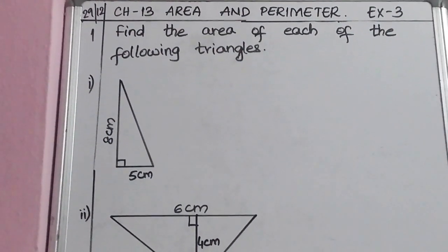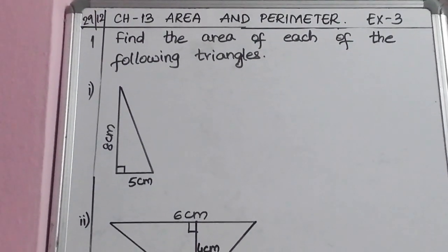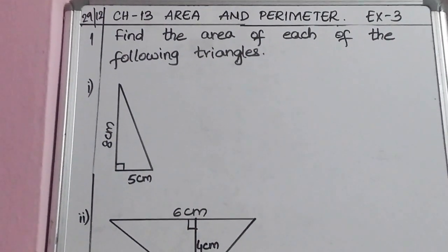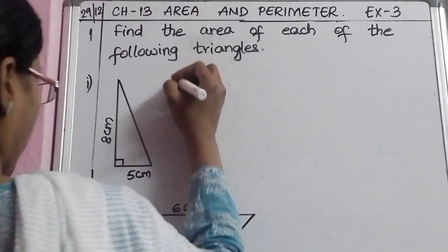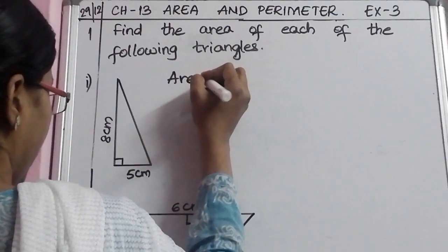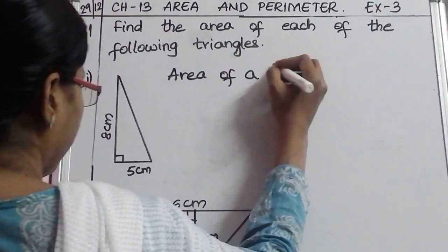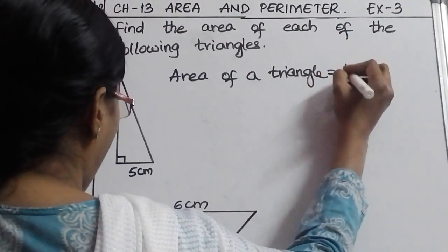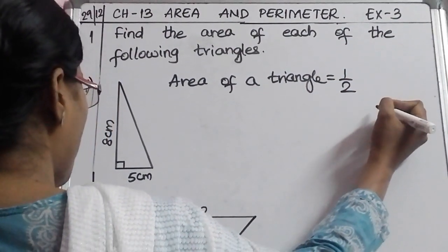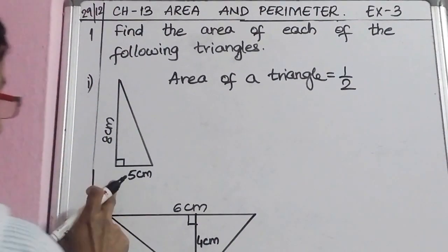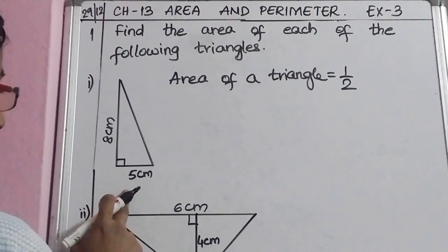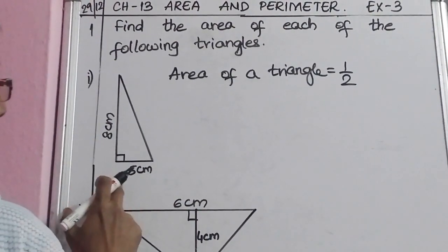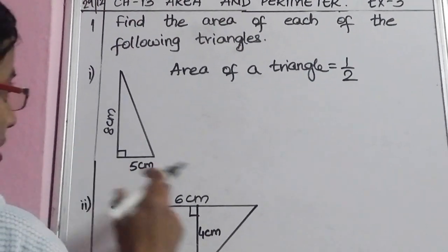So exercise 3, let us do the first problem. Find the area of each of the following triangles. So here let us use the formula. Area of a triangle is equal to half base into height, or here you can see that this is a right angled triangle and you have the length and breadth given.